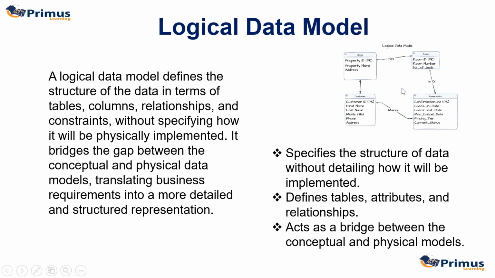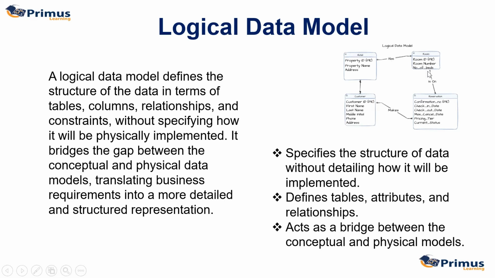And here we have a sample of this model. We have a hotel. That is, we have the property ID, then we have property name and the address. Then in this hotel, we have rooms, which have the room ID, that is the primary key.